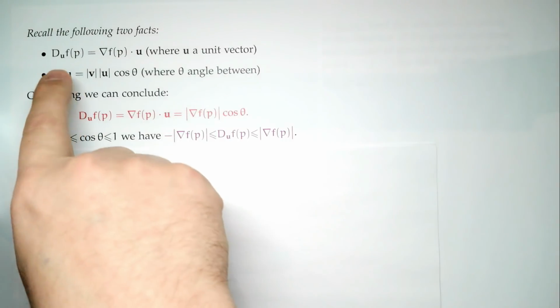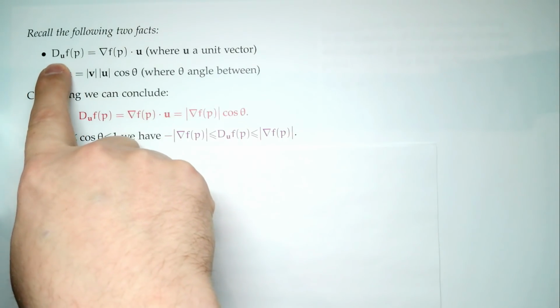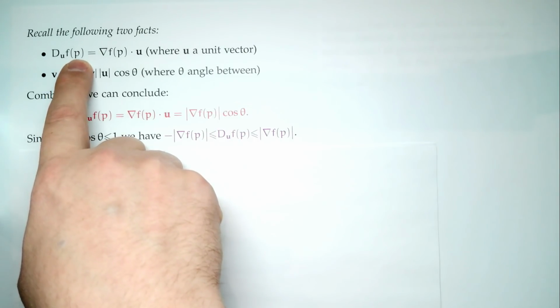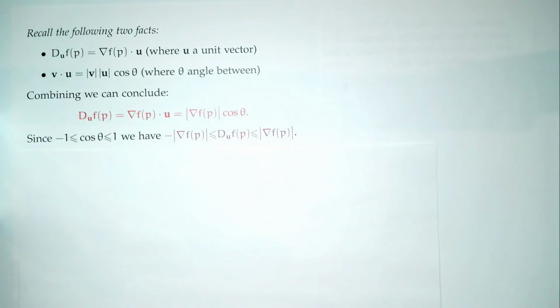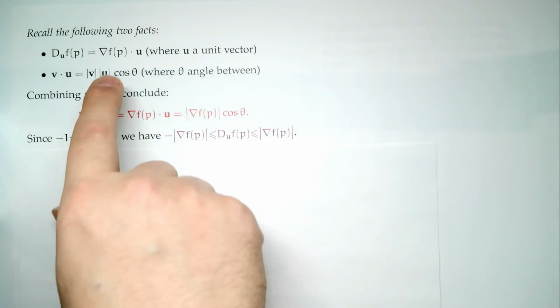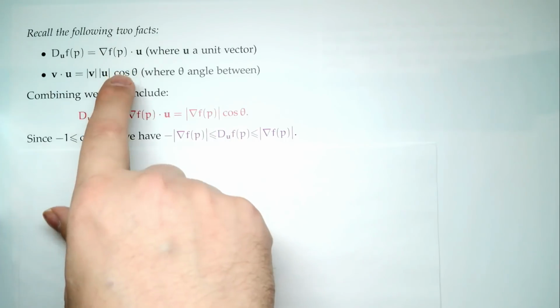So recall that this stands for the directional derivative of the function f at the point P in the direction u. So u is a unit vector. And the way that you compute this is you take the gradient of your function at P and dot it with u.